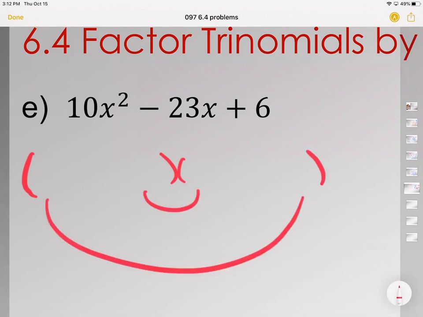Or do you want to do the AC method? The first thing you have to ask yourself is, do I want to guess and find the two numbers to add or subtract to give me the middle item, or do I do the AC method?